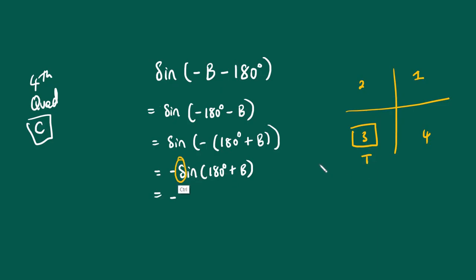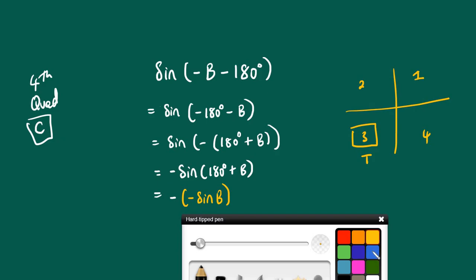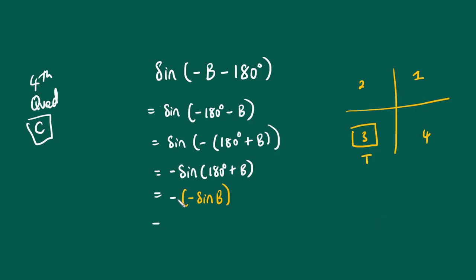So sine is negative in that quadrant. That's why you're going to have negative sine b as your answer there. Then your final answer is going to be that negative times negative, which gives you positive sine b. So very good there, well done. And that is how you handle that.